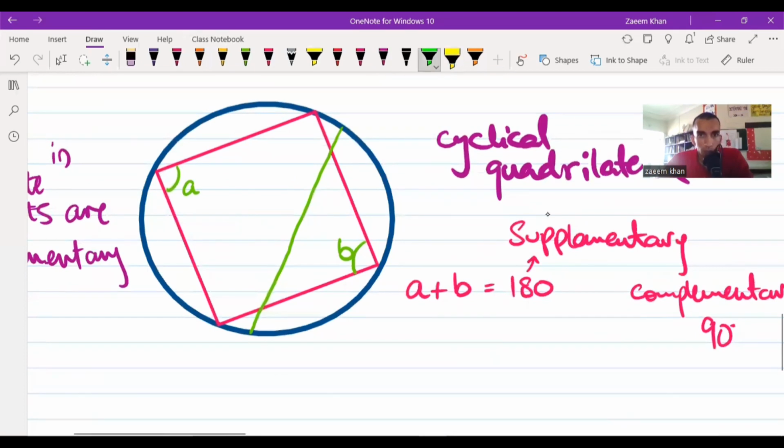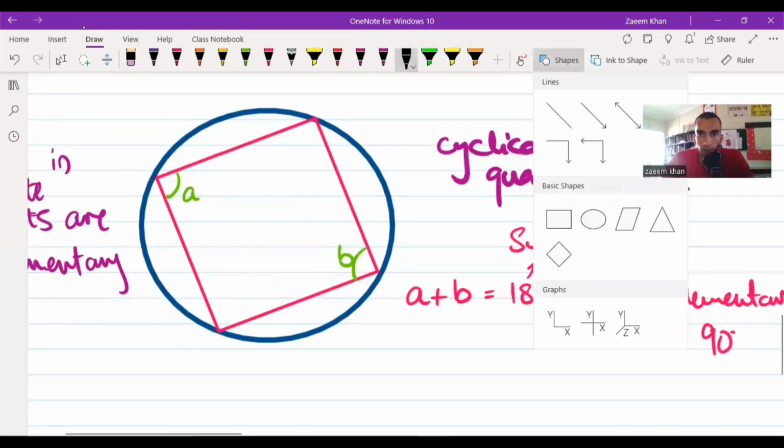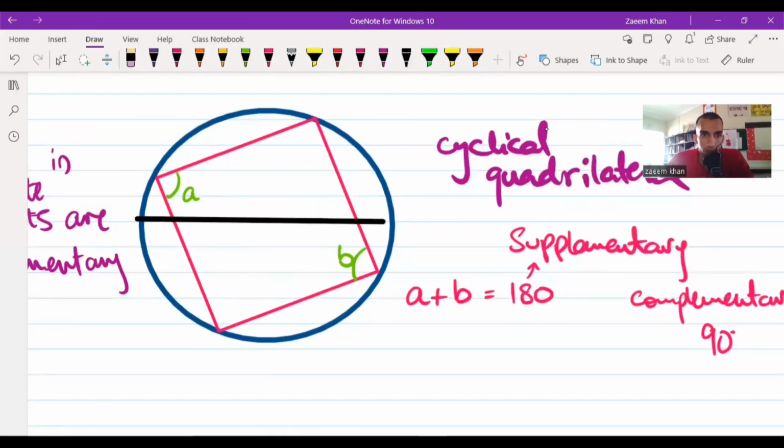Now, how do we know they're in opposite segments? Because the chord is separating them. So angle A happens to be in the major segment, and angle B happens to be in the minor segment. Can you give me another pair of angles which might be equal if the chord were to be drawn like this?